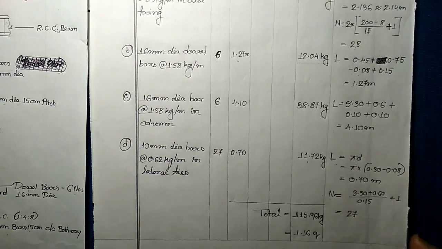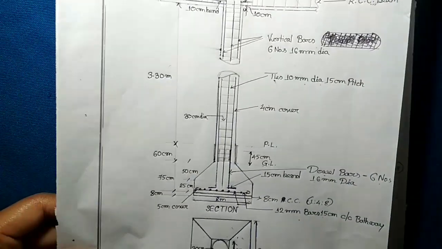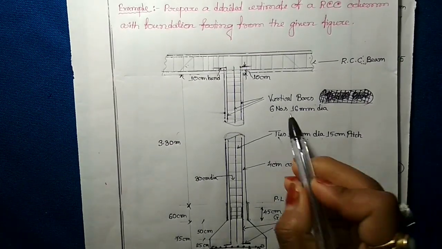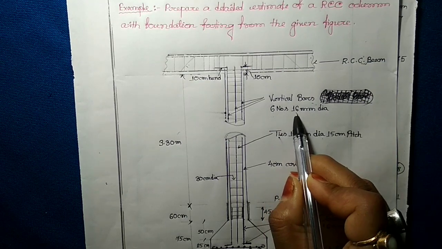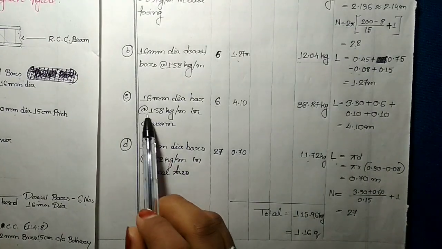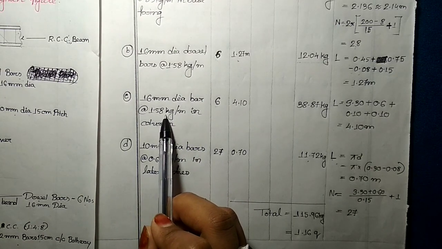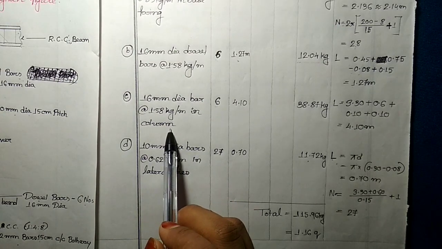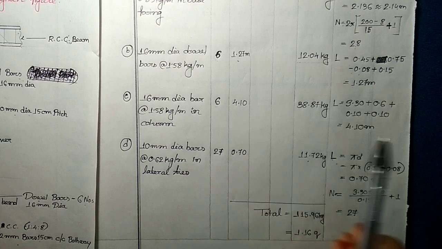Okay, next coming to the vertical bar. See, vertical bar, 6 numbers, 16 mm dia. Okay, 16 mm dia bar and 1.58 kg per meter in column number 6. And what will be the length?